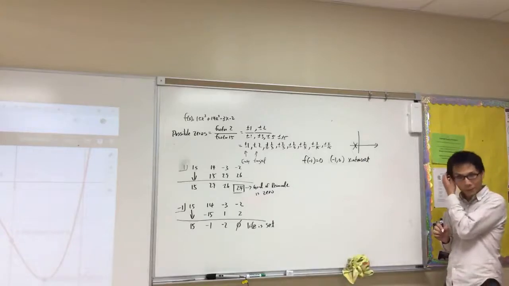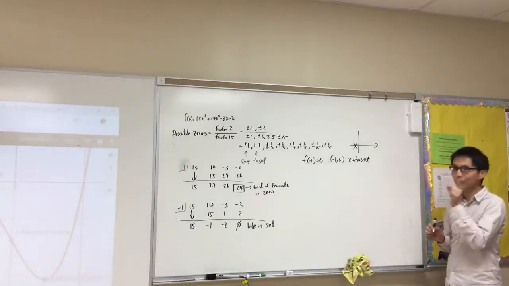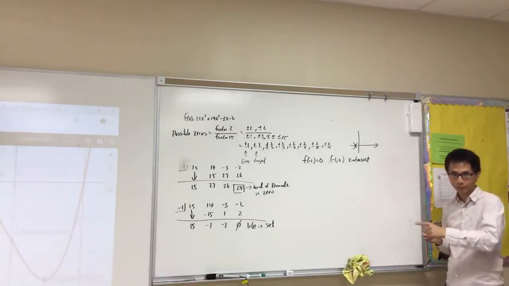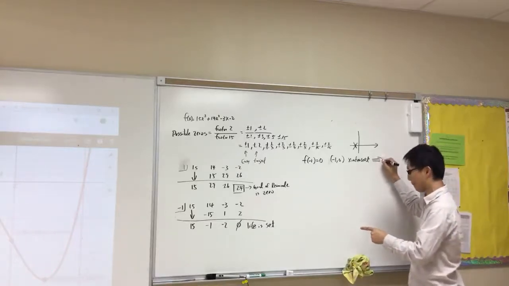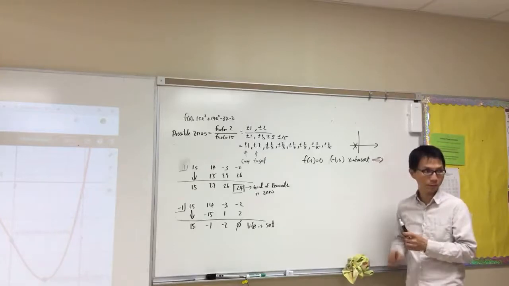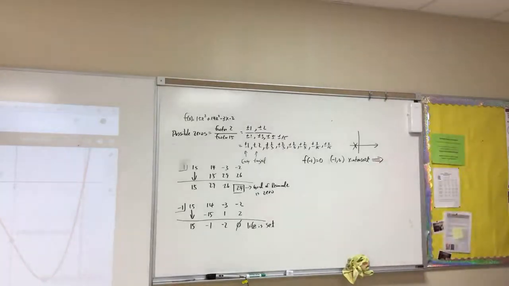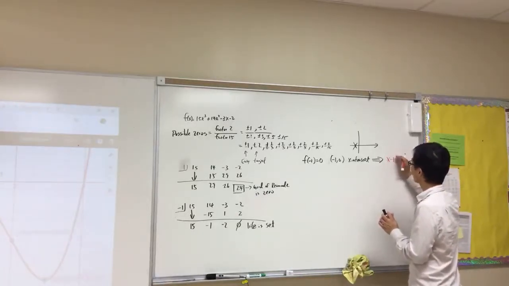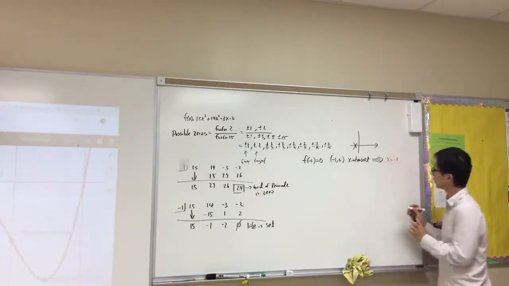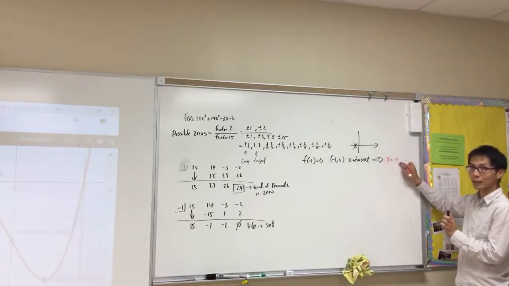So what do you think the factor is? If f of -1 is equal to 0, what is the factor? X plus 1. Yeah, you're right. X plus 1. So x equal to -1. That's my 0.